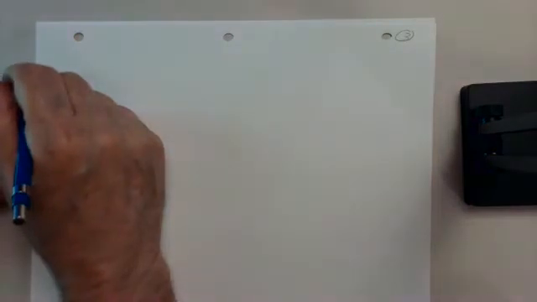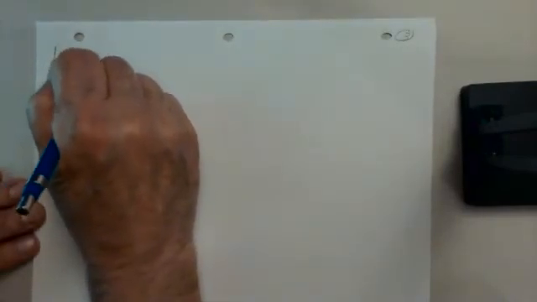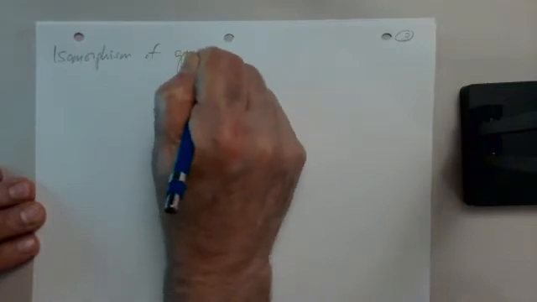But let me, for everyone's benefit, talk about this notion of isomorphism of groups. So we can have two groups that have different elements, but in some sense they're the same group. They just have different external appearances.